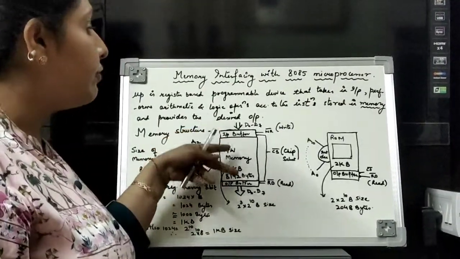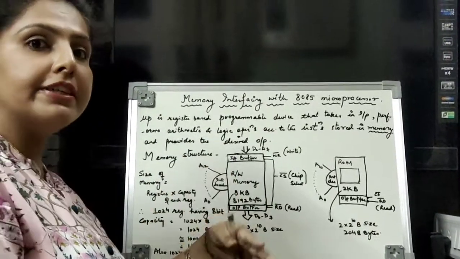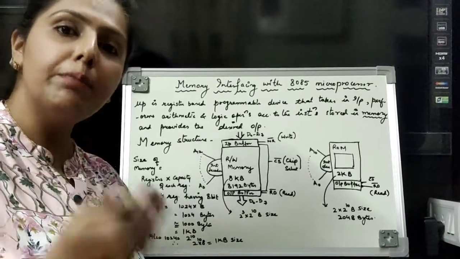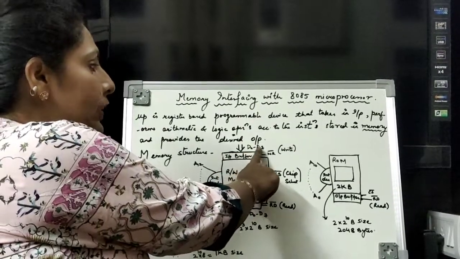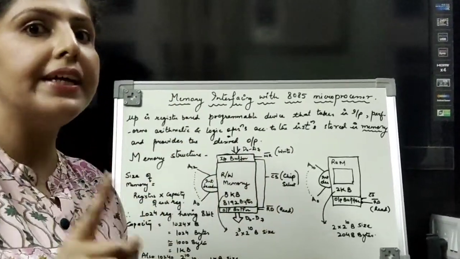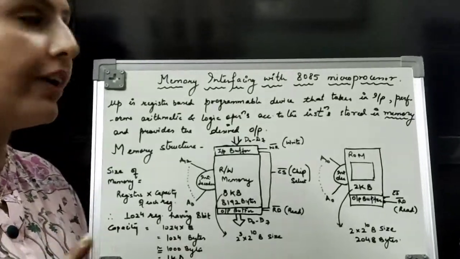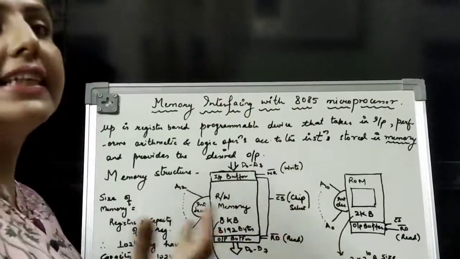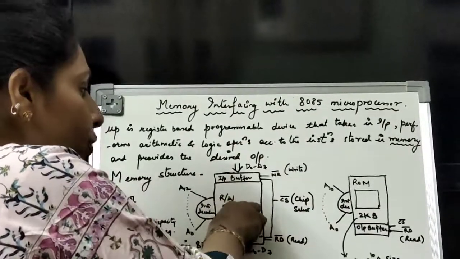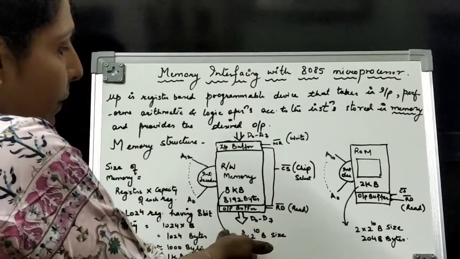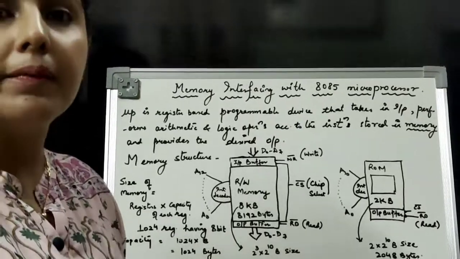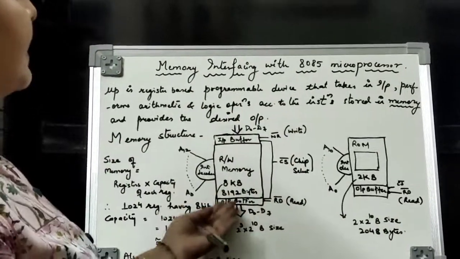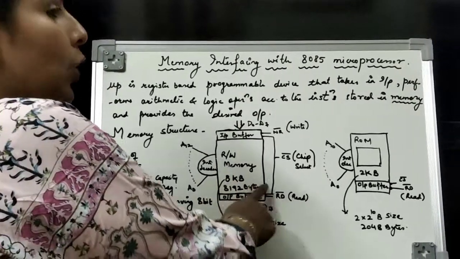These two buffers are nothing but the interfacing devices with the data bus. We know that with the help of the data bus, written here as D0 to D7, 8-bit data lines are there for the 8085. So the data bus carries the data which is to be written into the memory, and from the output buffer we can take out the data. So for writing the data we use the input buffer, and for retrieving the data we use the output buffer.